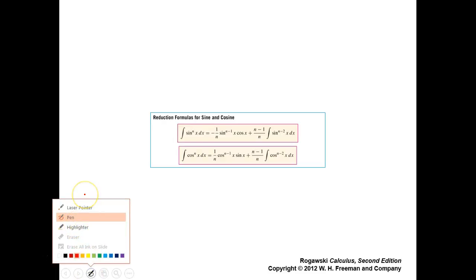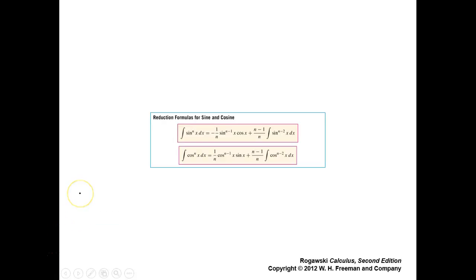I'll do it here. One of the problems is the slide set is from the old edition, not from the new edition, so that gives me some problems here. So here's the integral of sine to the mth power of x times cosine to the nth power of x dx, where m and n are whole numbers.